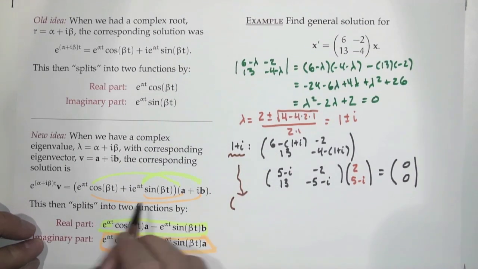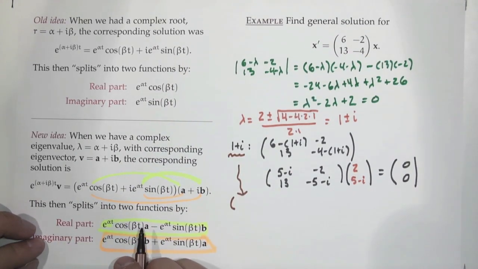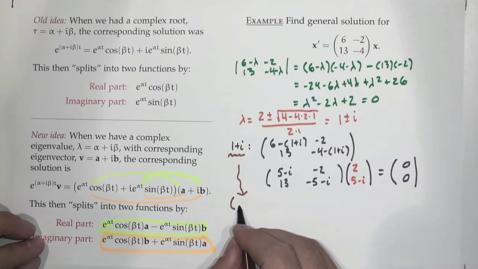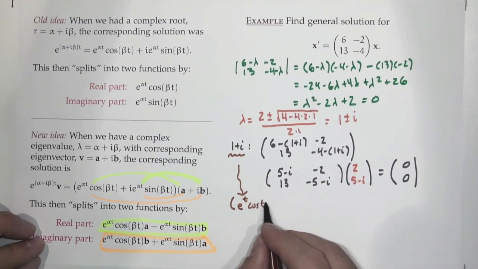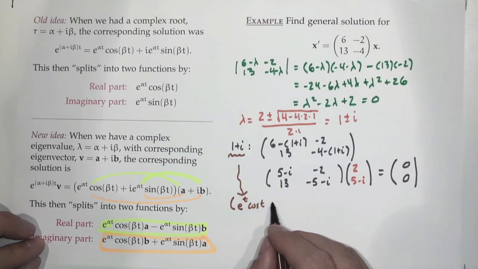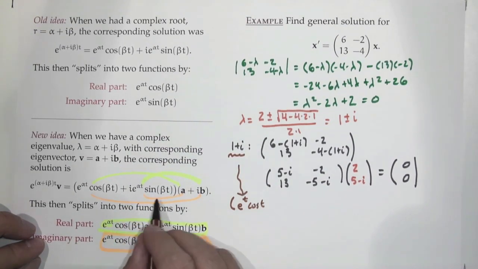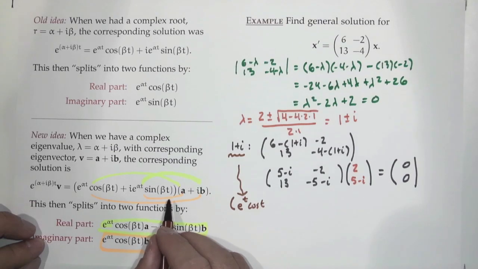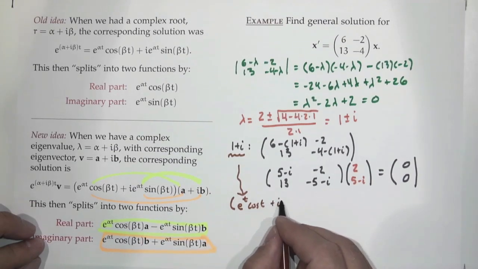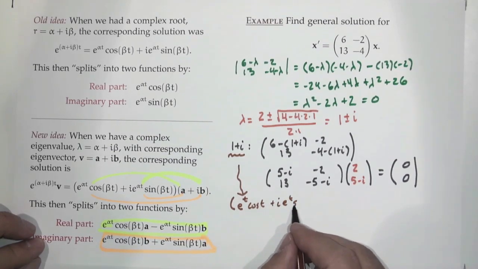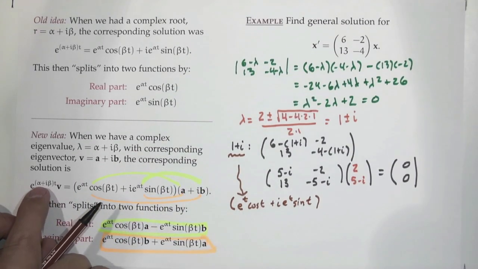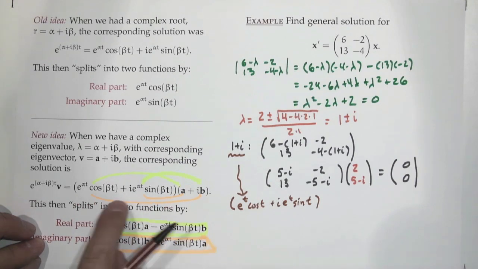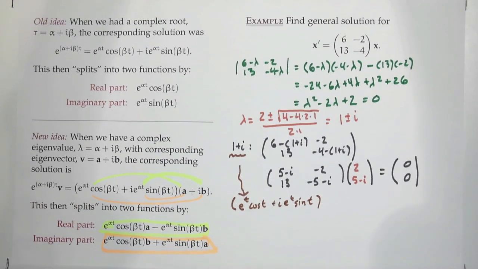What does that translate to here? e to the t cosine t plus i e to the t sine t. The 1 plus i, I'm writing down the e to the (1 plus i)t in its nice fancy way. Okay, so that's the 1 plus i.